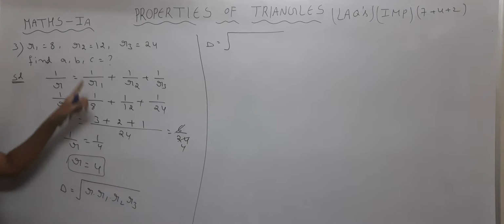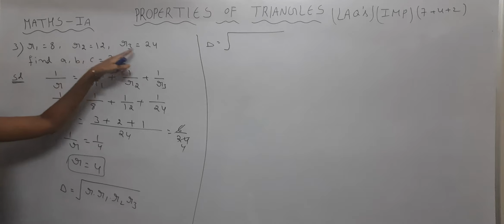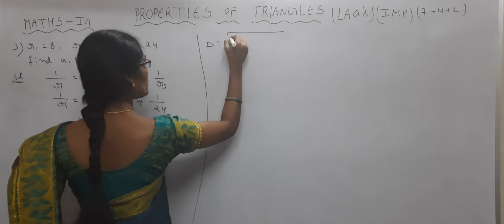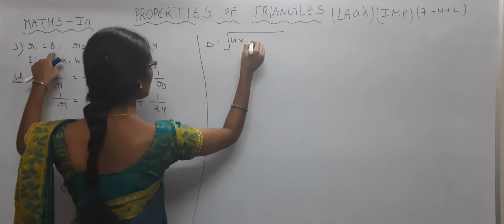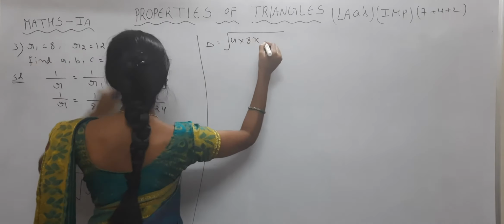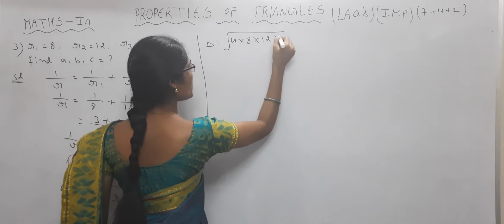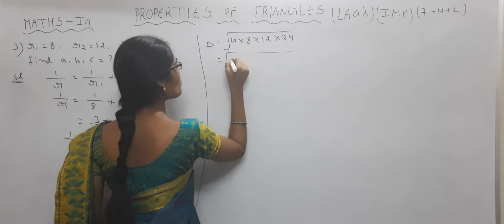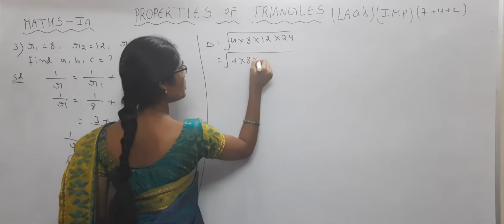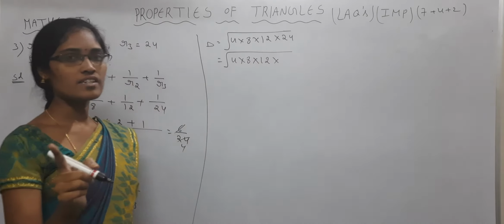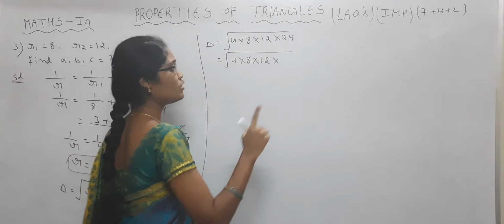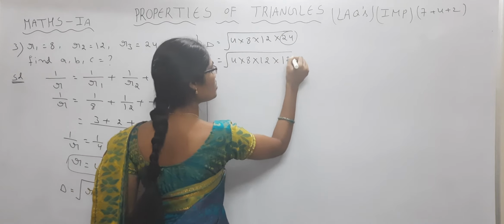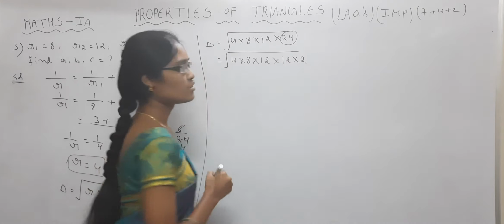The R value is 4 and the R1 value is 8, R2 is 12 and R3 is equal to 24. Then the substitution: 4 into 8 into 12 into 24. 4 into 8 into 12, write as it is, but 24 you can split. How can you write? 12 twos are 24.